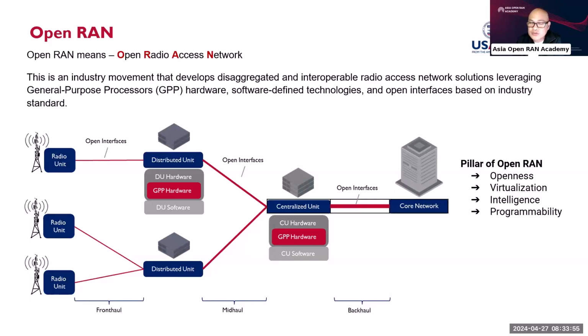So it should be interoperable, and it will also leverage what we call general purpose processors, or GPP hardware. We also call it white box hardware. You can buy commercial off-the-shelf servers like what we can get from Dell or HP, and then install the software of another vendor on them.